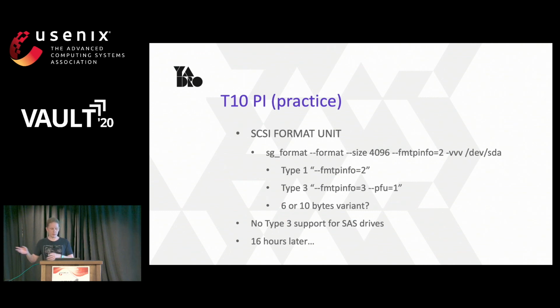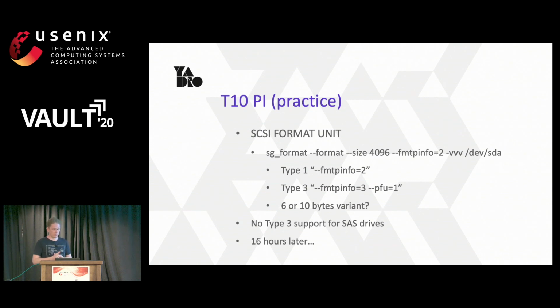Some drives require both, depending on the block size you are using. For type 1 format, you need to set PI info to 2. For type 3, it's PI info 3, protection field usage 1. It's so strange because it's just a reflection of the SCSI block command specification.